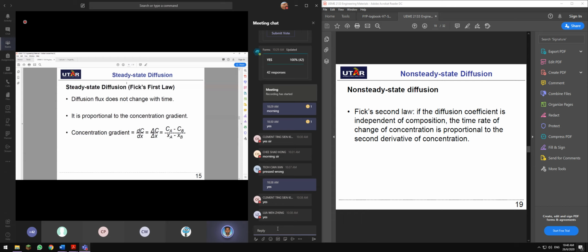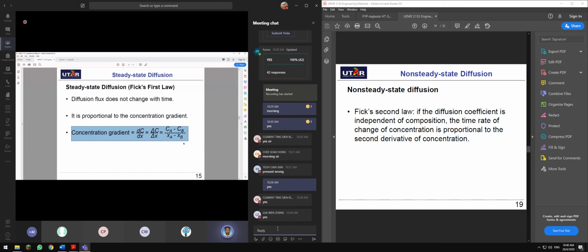Okay, steady state, for Fick's first law, it discusses the steady state diffusion, and it says that diffusion flux does not change with time, okay, independent of time, and it is proportional to the concentration gradient, and this is the concentration gradient.